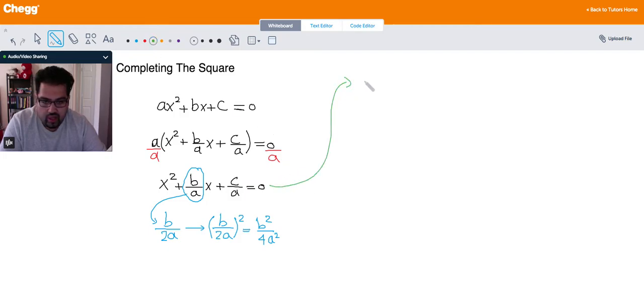So I have x squared plus b over a x plus c over a. I'm adding b squared over 4a squared here, and then b squared over 4a squared on the right side too. Okay.